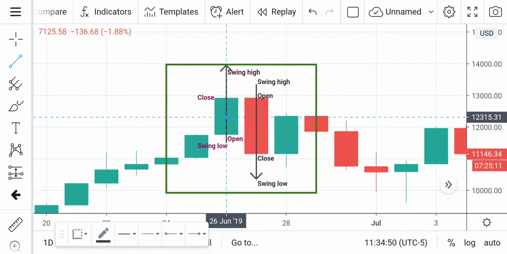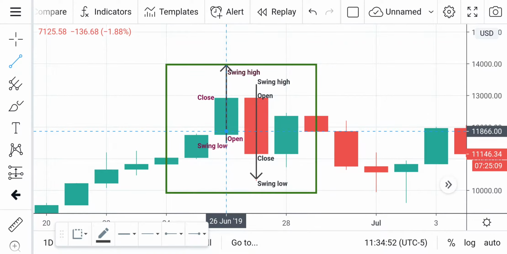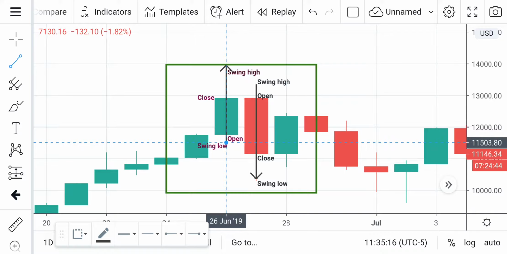Okay, for example, let's use the bullish pattern. So the price opens here. You can see where the pointer is. The price opens here, just around the low of the green line. So when the price opened, sellers pushed the price to the swing low over here.